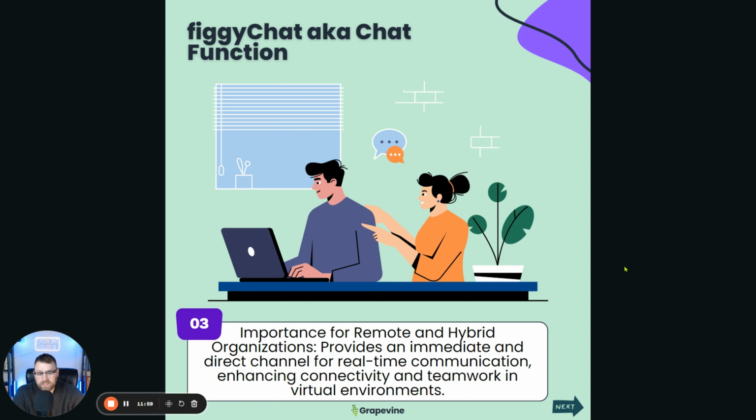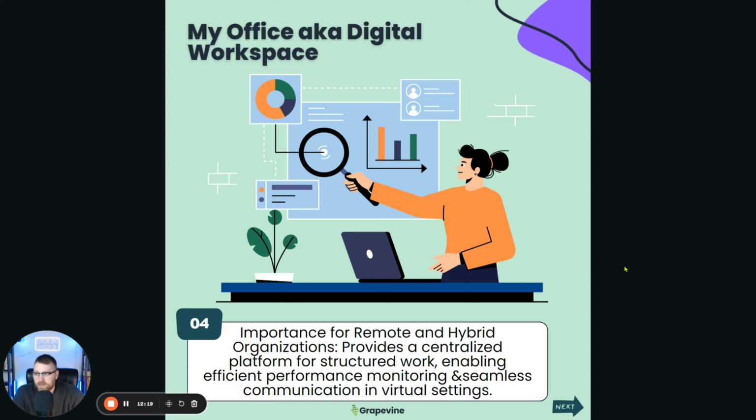Again, the difference is that you will be able to keep track of every single thing in Grapevine. So it's not like you're uploading this, downloading that, uploading it back, and then sharing it, and then you're collaborating. You can do all this with Figgy Chat and Grapevine. And you also have to be able to create groups and different things for different and specific projects.